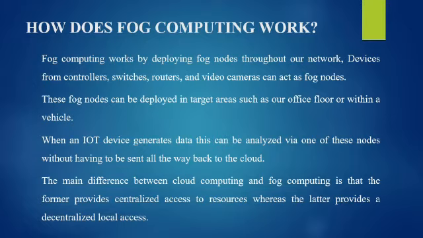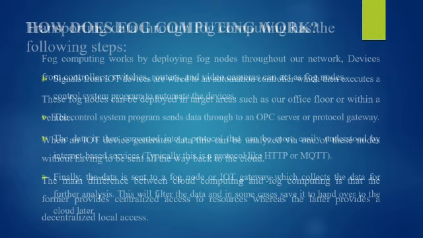When an IoT device generates data, it can be analyzed via one of these nodes without having to be sent all the way back to the cloud. The main difference between cloud computing and fog computing is that the former provides centralized access to resources, whereas the latter provides a decentralized local area.